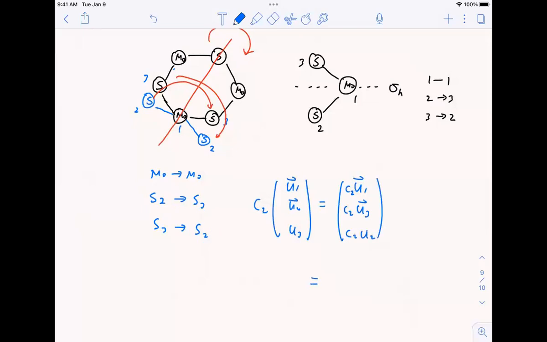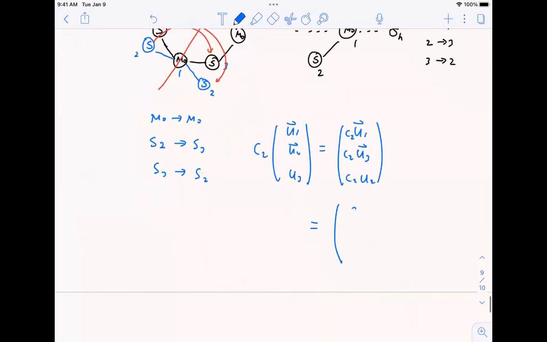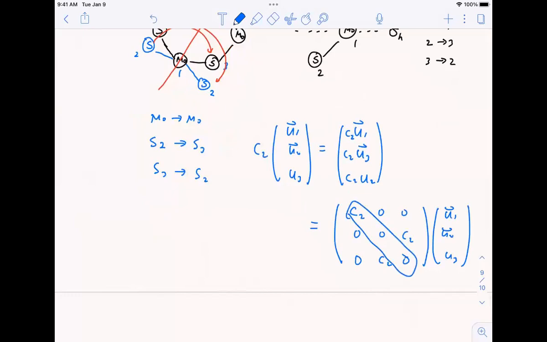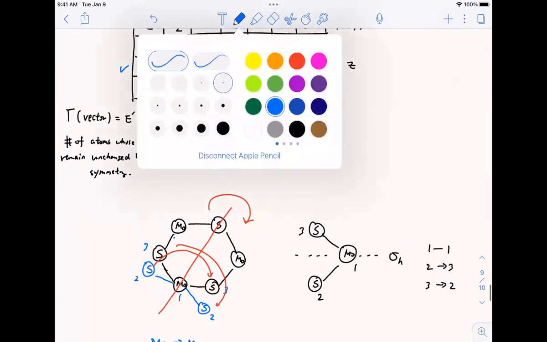So if you really write it out, it will be the matrix with Z2, 0, 0, 0, 0, Z2, 0 acting on U1, U2, U3. So how many C2 are in the diagonal position? 1, right? Okay, you get it now? If you don't get it, then do an exercise. So there's only 1.